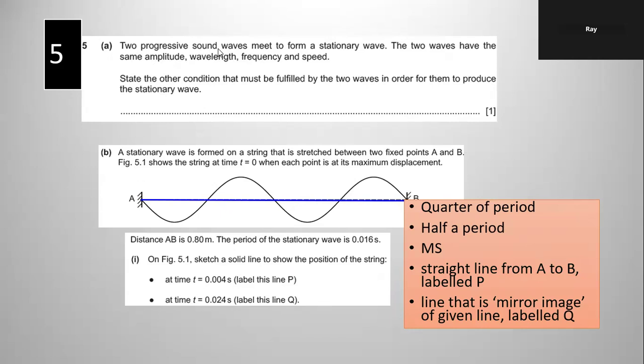Two progressive sound waves meet to form a stationary wave. The two waves have the same amplitude, wavelength, frequency, and speed. State the other condition that must be fulfilled by the two waves in order for them to produce a stationary wave.